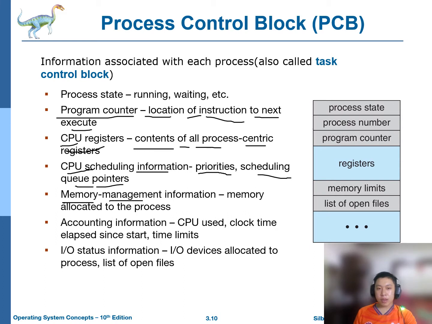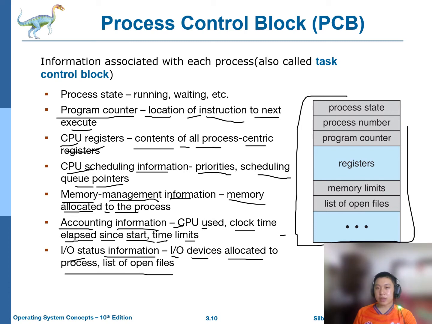Memory management information covers memory allocated to the process. Accounting information includes CPU used, clock time elapsed since start, and time limits. I/O status information includes I/O devices allocated to the process and the list of open files. This is the picture.